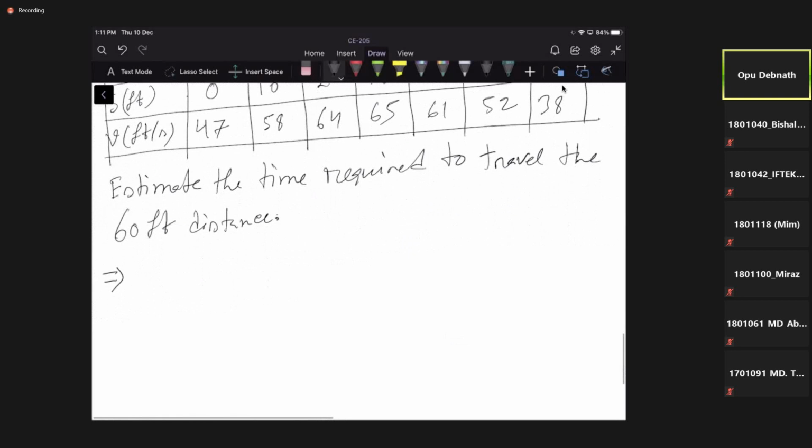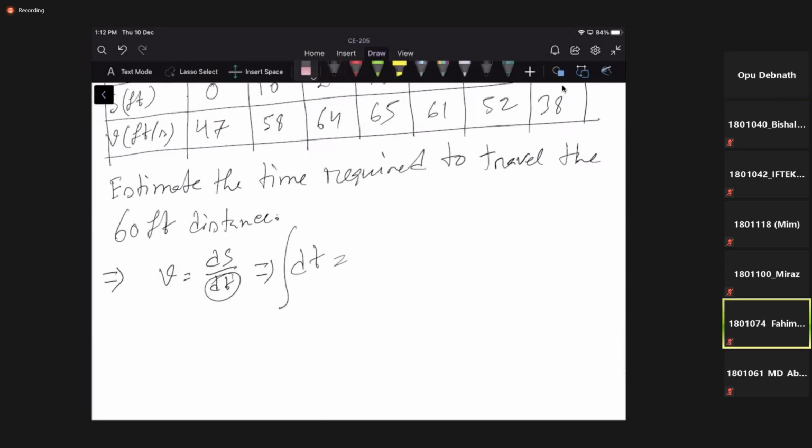We know that velocity of a particle in the derivative form is ds by dt, the change in distance with respect to time. Here my required quantity is dt, that means I need to estimate the total time. This is nothing but 1 by v ds.